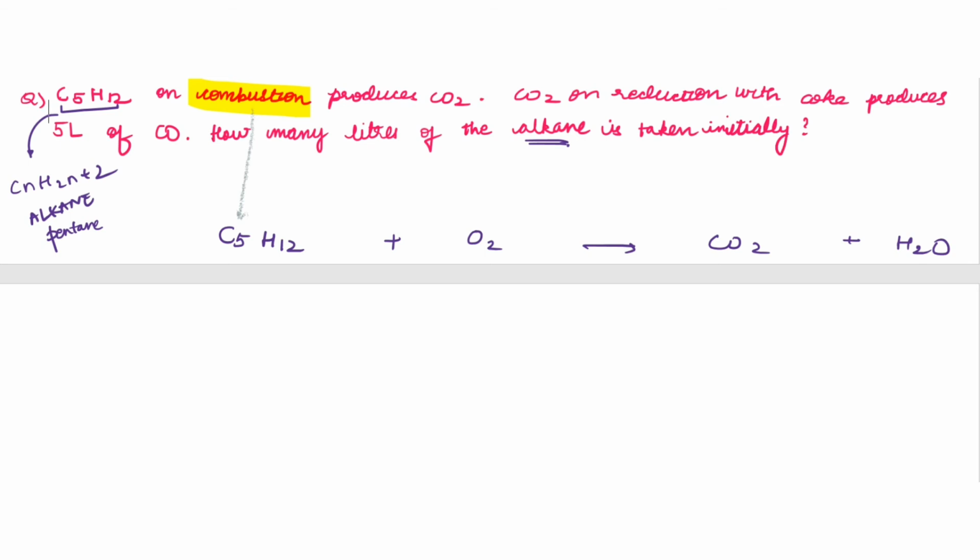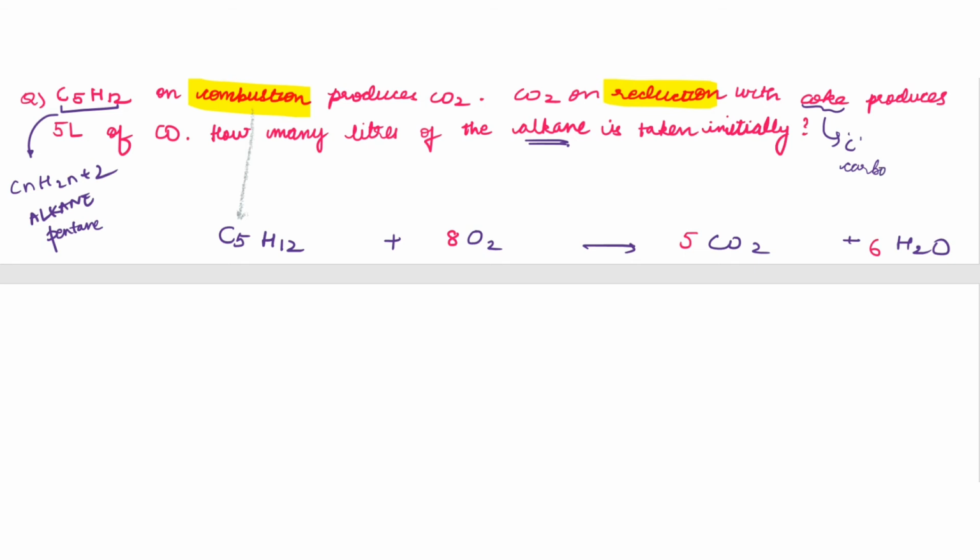So how do we balance? Try to balance on your own. You learnt balancing equations in class 9 and 10 itself, so I'm not repeating how to balance. C5H12 plus 8 O2 gives us 5 CO2 plus 6 H2O.